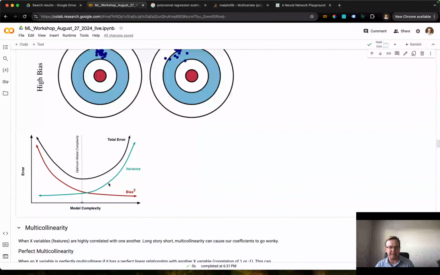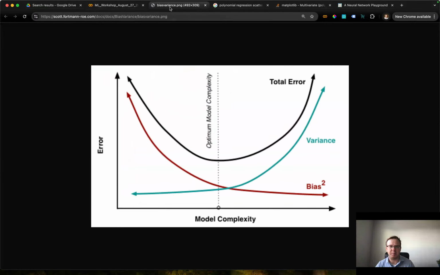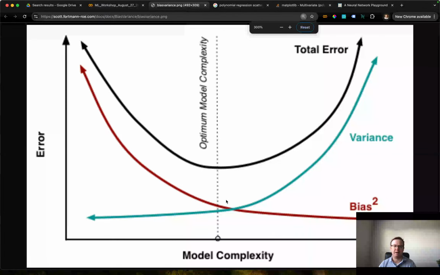Another way to think about it is this image, which I'm going to try and make a little bit bigger here. Okay, and the y variable is our error, right? We want less error. We want to get as low on this graph as possible. And the more complex our model gets along the x-axis, the less bias it has, but the greater the potential for variance, right?